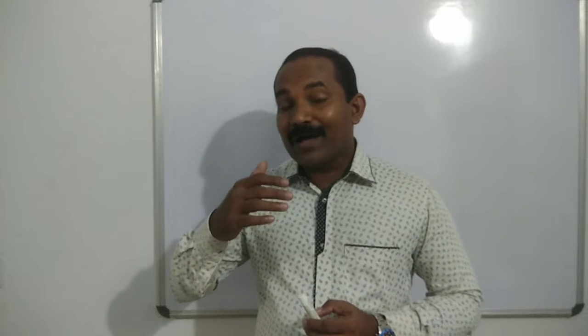In this section we are going to discuss the hybridization involving d orbitals. The elements present in the third period contain d orbitals in addition to the s and p orbitals. For example, phosphorus.